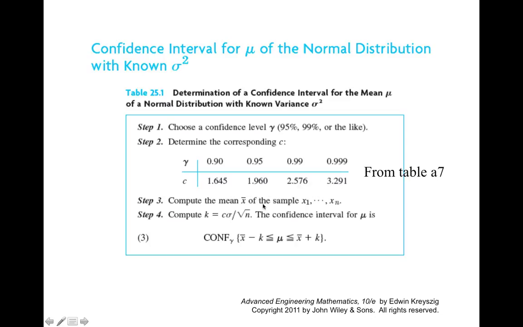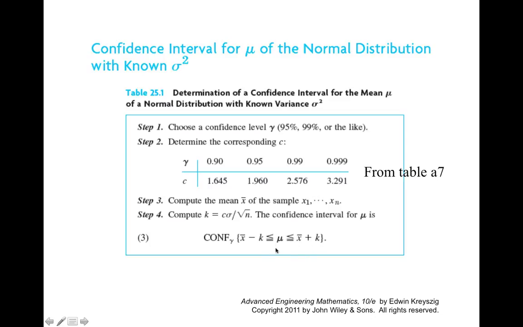Now, given your sample x1 to xn, you compute this variable k. So k is c, which you look up on the table, times sigma, your standard deviation, divided by the square root of n, your number of samples. And so when you do that, you can define a confidence interval, x bar minus k to x bar plus k.